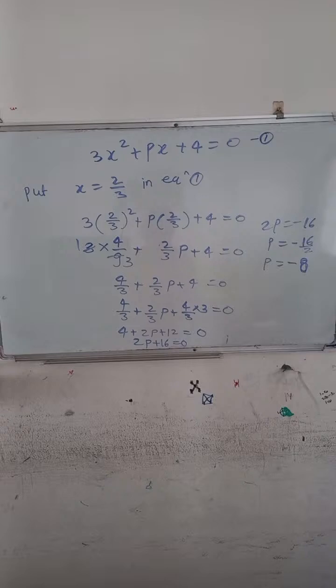Okay, this is the first part. No, it's minus 8. Yeah, it's minus 8. You are making a calculation mistake. Okay, p is minus 8. We did the first part. Now in the second part we have to find the value of the other zero.